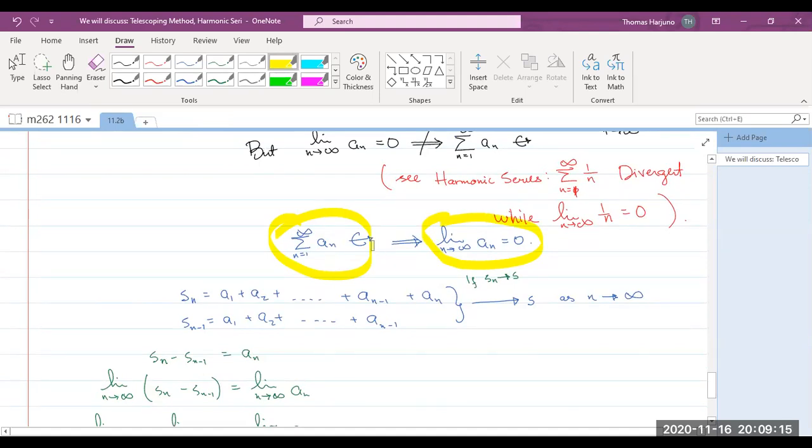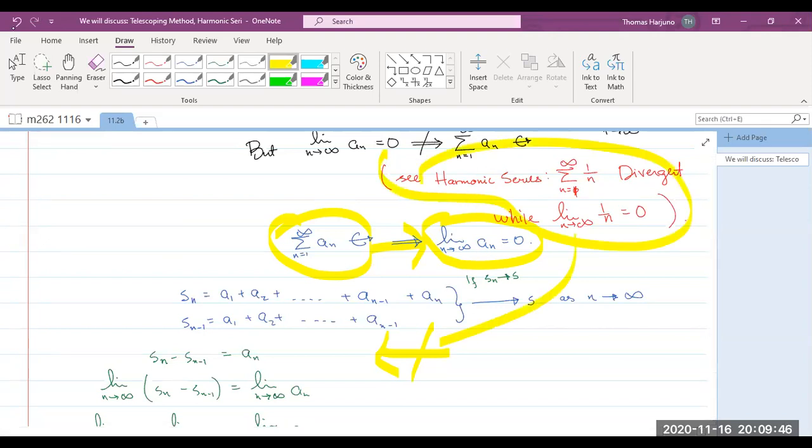However, we cannot go from the infinite term equals 0 to the infinite sum being convergent. The converse is not true. And the reason is the harmonic series.